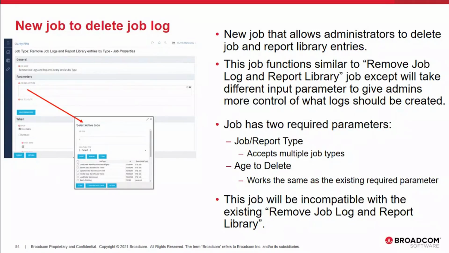This job will be incompatible with the existing job, and customers will now moving forward see both of these jobs available to them. But hopefully using this new job, they are now able to delete the data that they no longer want while preserving the data that they do want to keep.